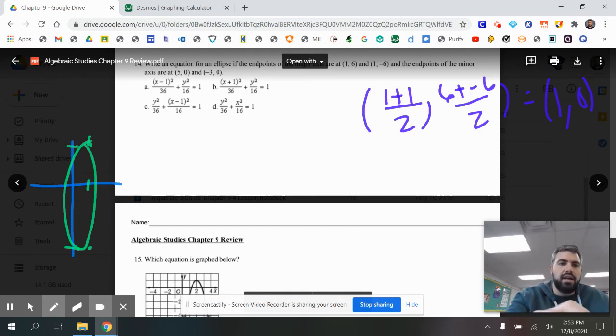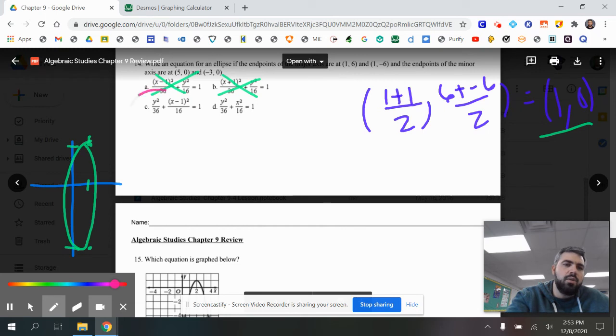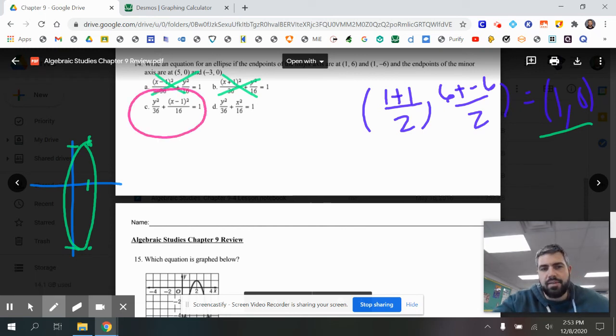So automatically, I get rid of A and I get rid of B. Then I think, okay, since I know my center is at 1, 0, I know that it's going to be x minus 1 squared. So the only option that has that and y coming first is C. And so I know for sure that C is the correct answer.